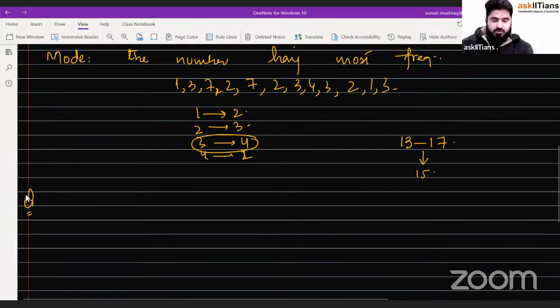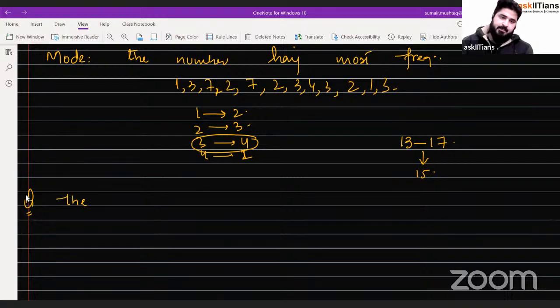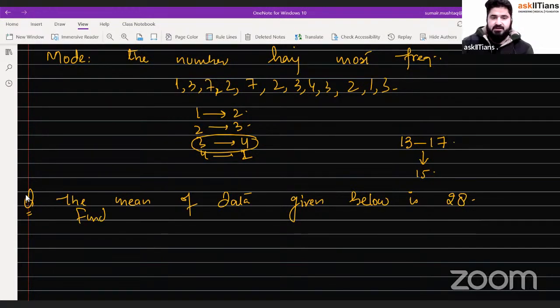Okay. Suppose the question is: the mean of the data given below is 28. Find x. You have to find the value of x, right? How to do it?